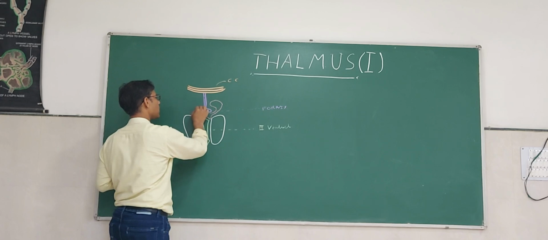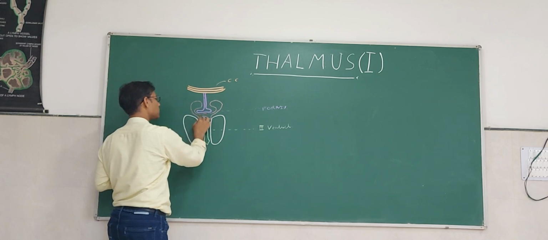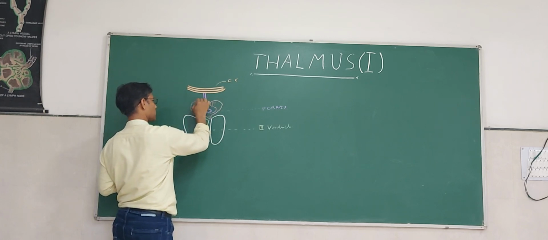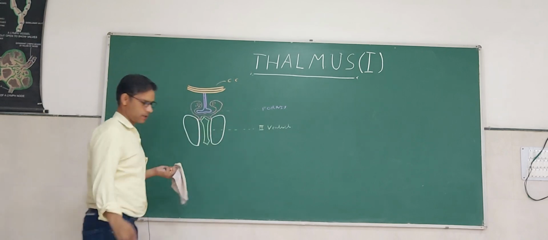Here are the capillary plexuses of this choroid plexus. Okay, this is the choroid plexus.